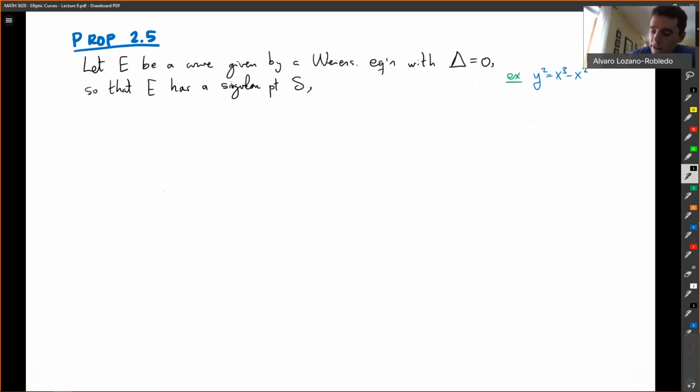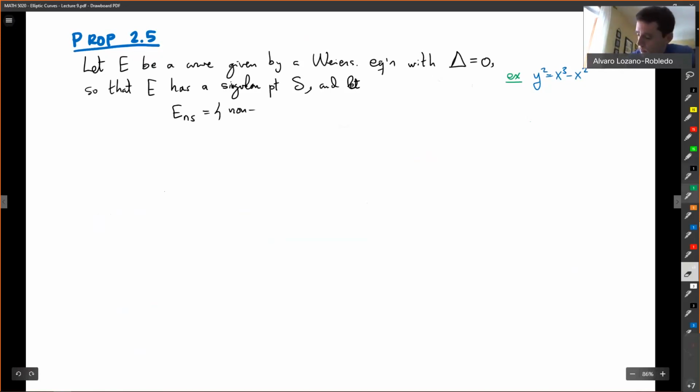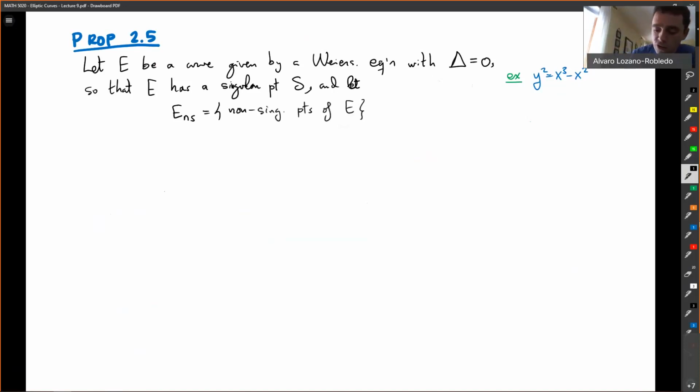And let E_ns be the non-singular points of E. Okay, so throw away S and look at the other ones. Suppose that E has a node at the singular point.